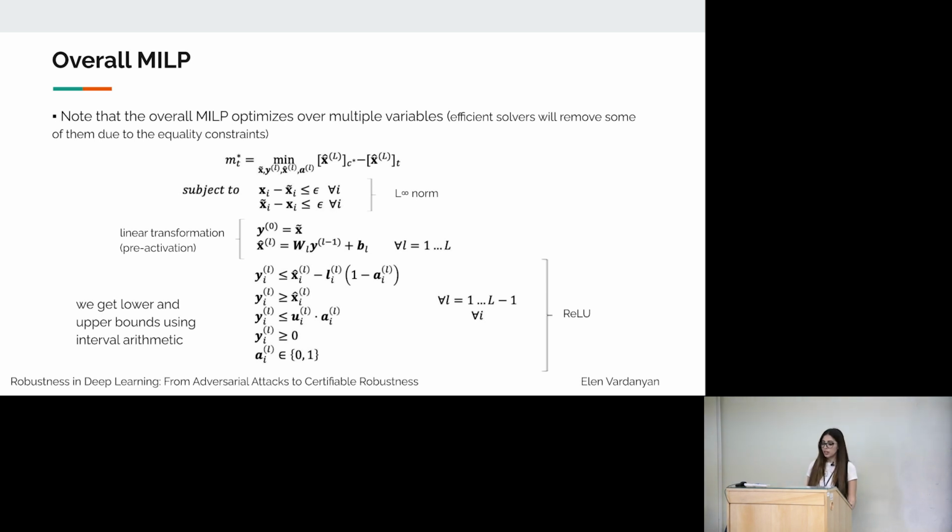So here we changed the L infinity norm into two linear inequalities, and then we changed ReLU into mostly linear inequalities, but in the last line we have this a_i variable, which is a binary variable.